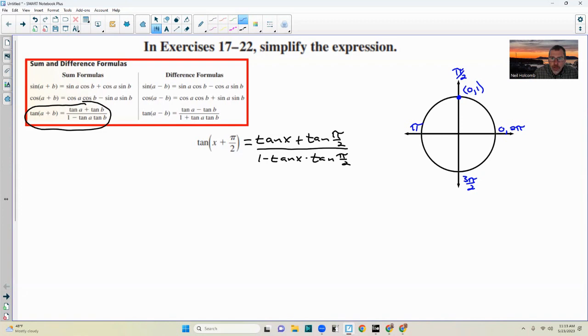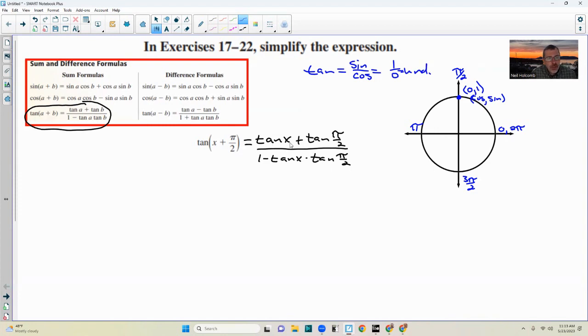So this is our cosine, sine of our position pi over 2. The cosine of pi over 2 is 0, and the sine of pi over 2 is 1. Then the tangent equals sine over cosine. So therefore, it's 1 over 0, and that is undefined. And that's what we came up with in class.